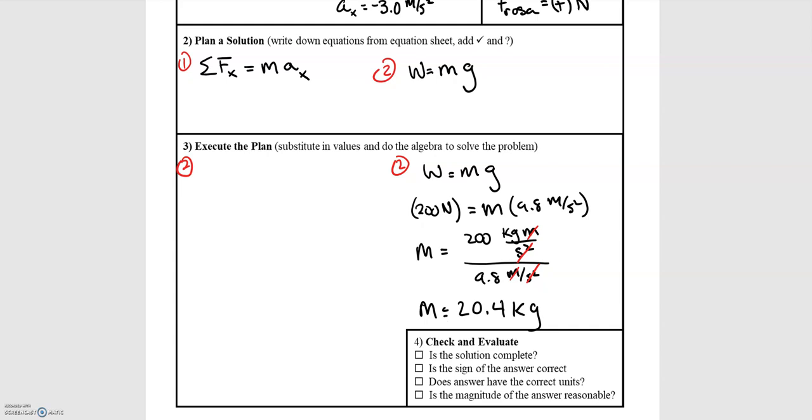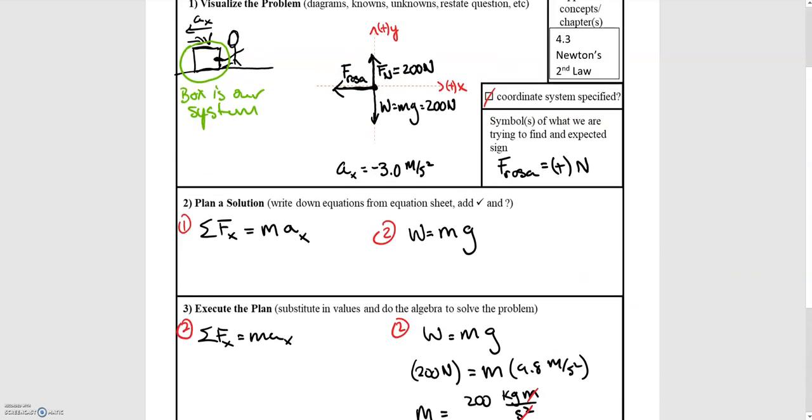Now to find the magnitude of Rosa's force, we are going to use Newton's second law in the x direction. And so going back up to our free body diagram, we know that the force F Rosa is pointing to the left. So that's going to be the negative x direction.